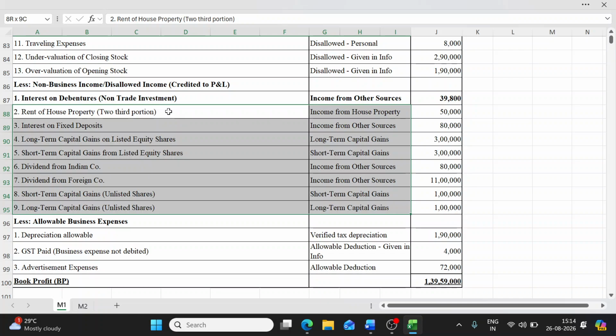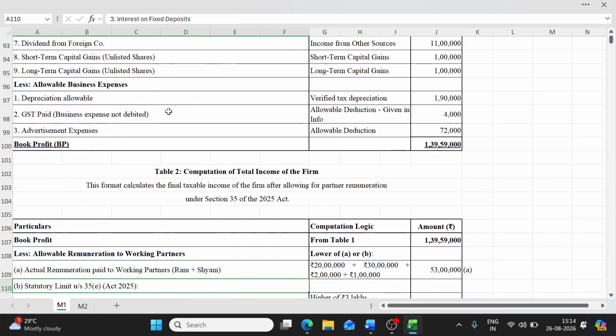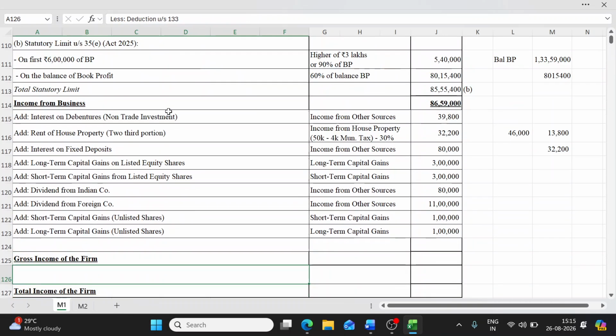And in table 1 we added back all non-business incomes, right? But here it is not deducted in table 1, but in table 2 we should show this as income under the head capital gain, because it is income. So don't be confused for this particular adjustment, and do not make an assumption just because it is not mentioned on the credit side of the profit and loss account.